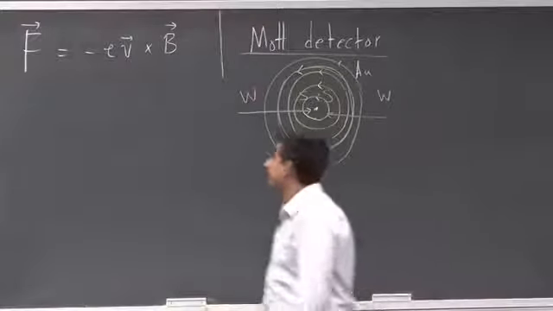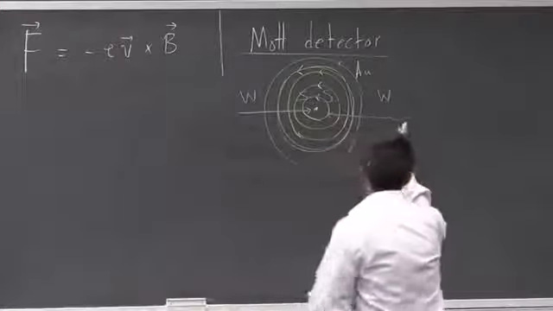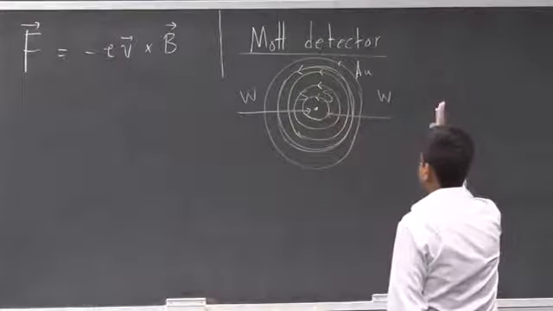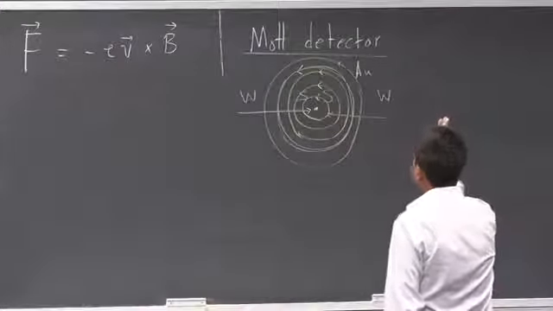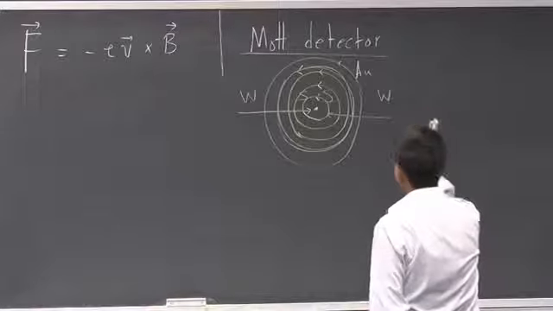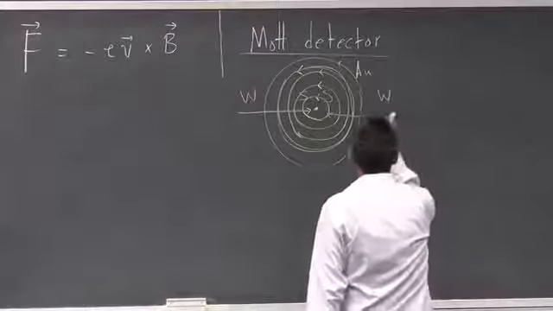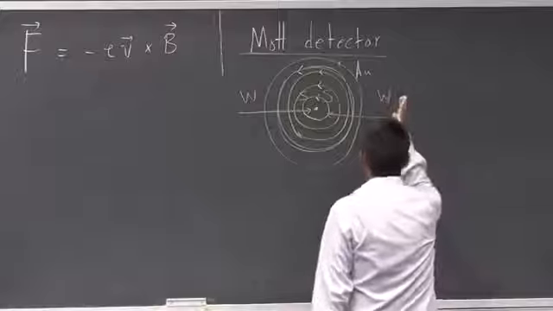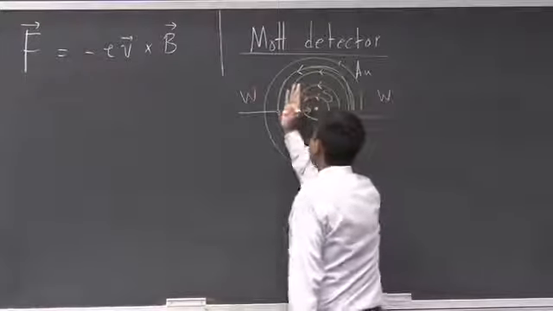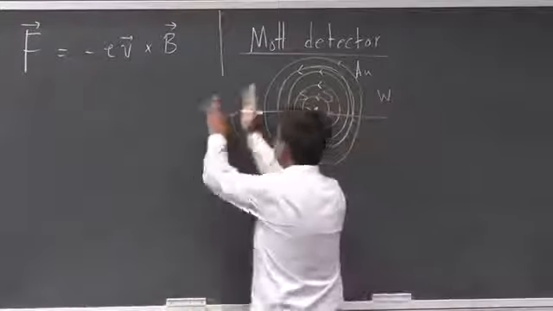If an electron's spin is pointing upward, so mu z is positive, this electron experiences a force to the left. So this electron beam moves towards the left.